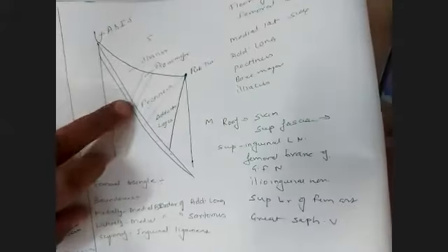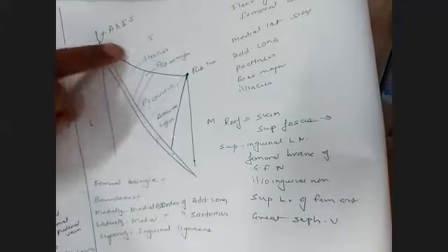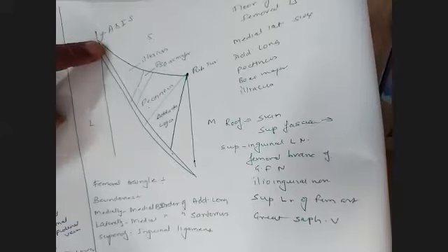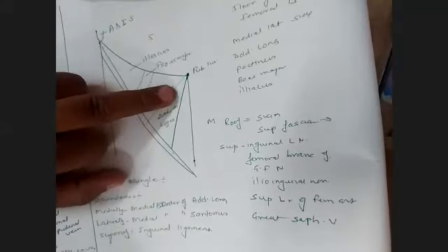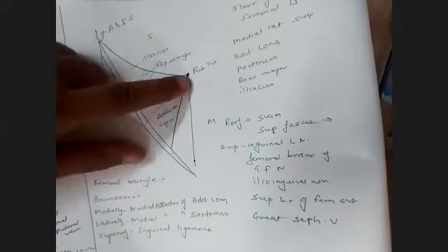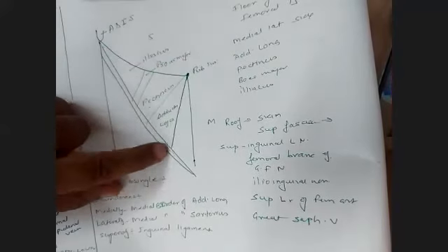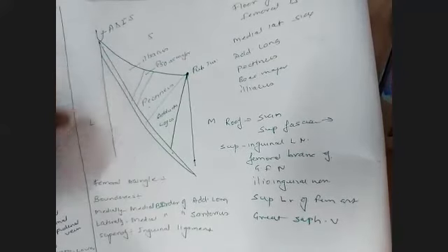So this structure shows the three boundaries also. Whenever the femoral triangle is asked in the exam, you have to write that it is located in the front of the thigh. These are the three boundaries: inguinal ligament, medial border of adductor longus, and sartorius.